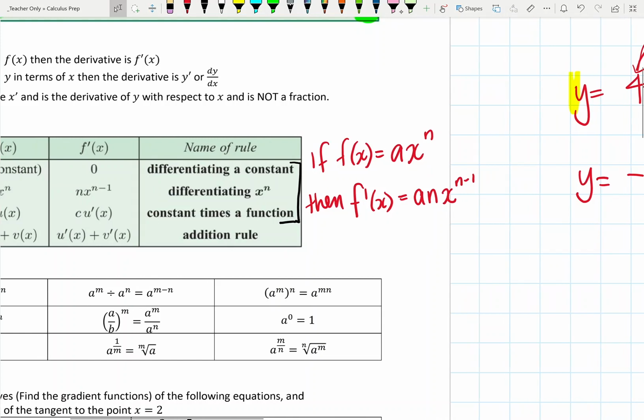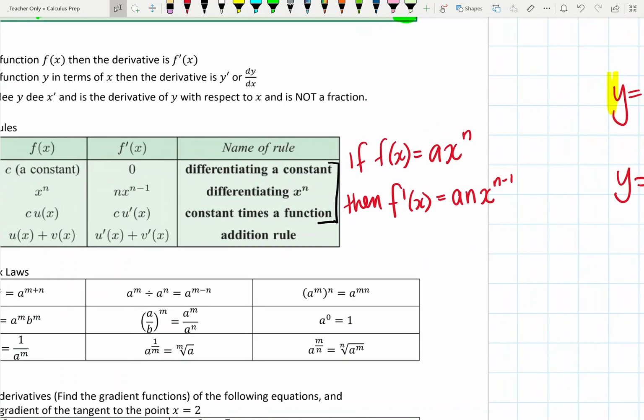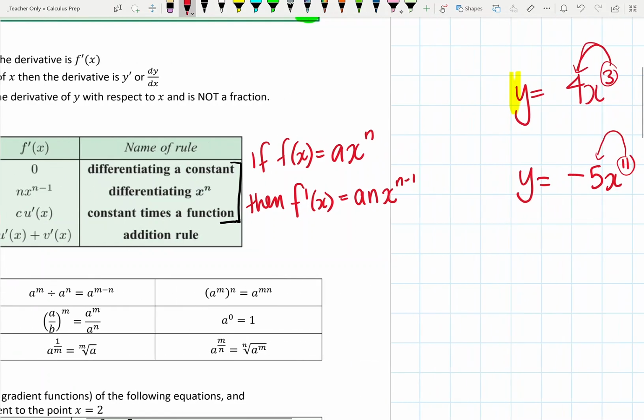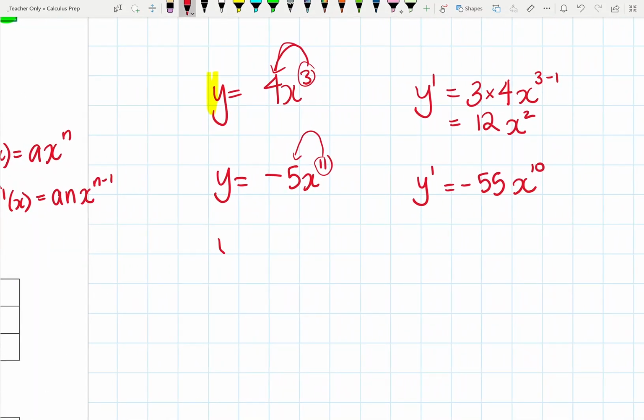The first specific rule that we've got here is what to do when the function is a constant. So let's say y equals 7. Really, that's y equals 7 times x to the power of 0, isn't it? Because x to the power of 0 is 1.